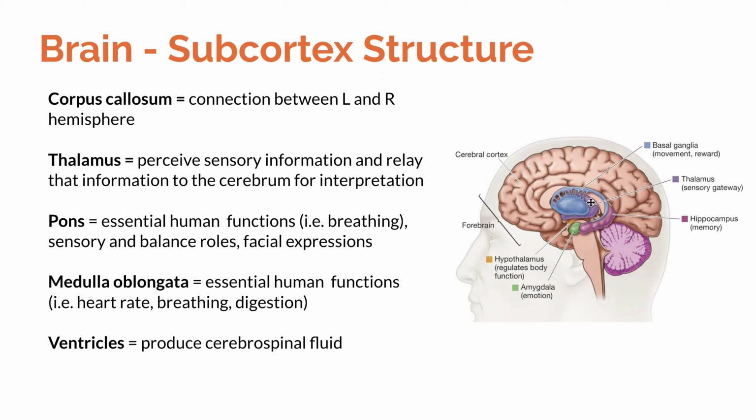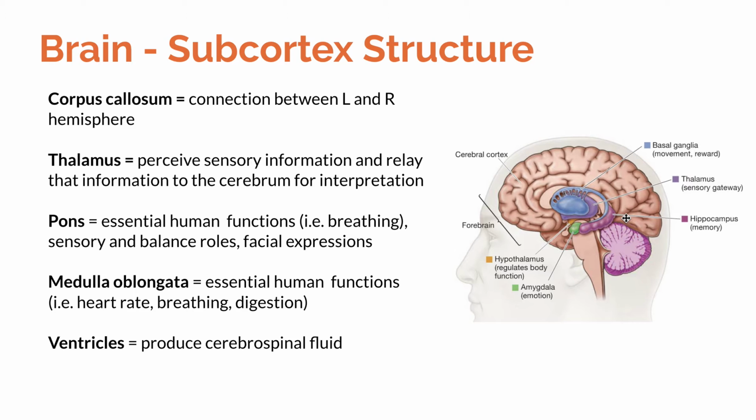For the subcortex, which lays right underneath the cerebrum, we have the corpus callosum, which is essentially a ring-like structure that connects the left and right hemisphere. We have the thalamus, which is going to perceive and process sensory information before sending it off to upper structures, the cerebrum.